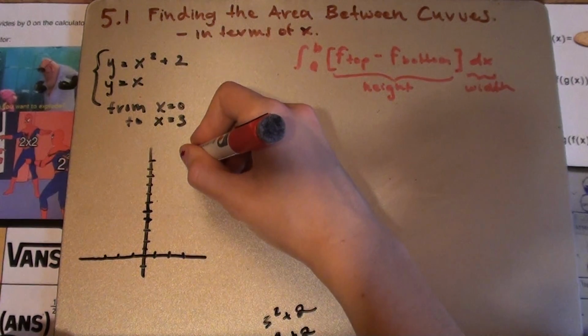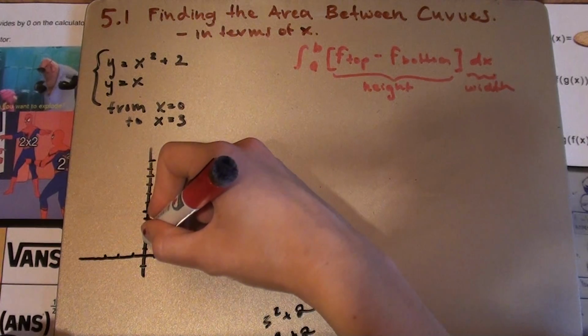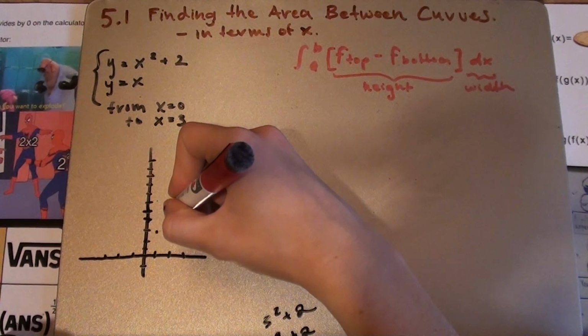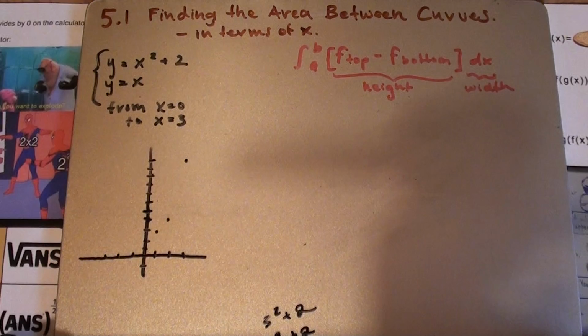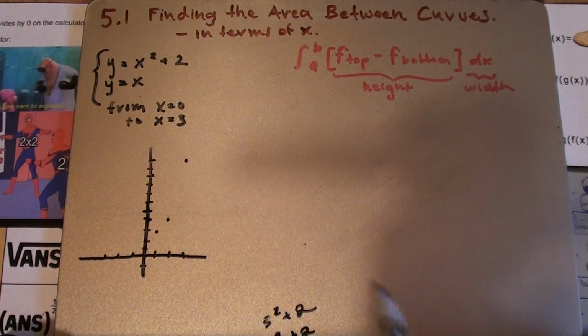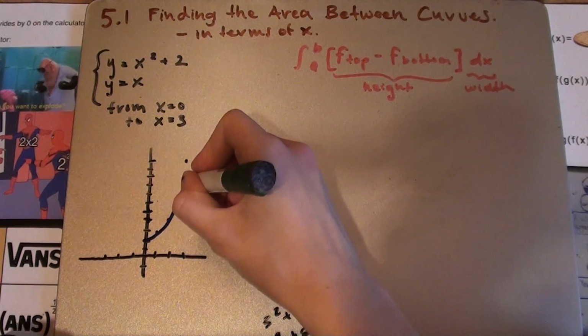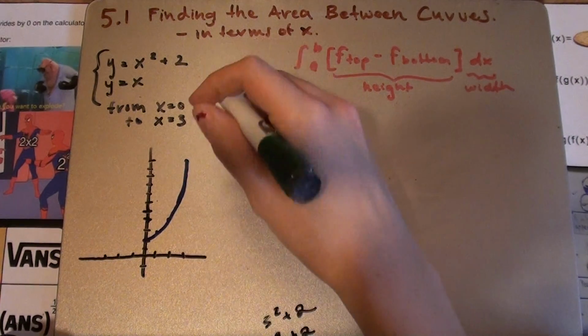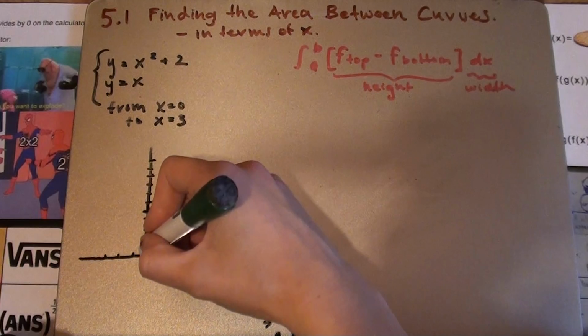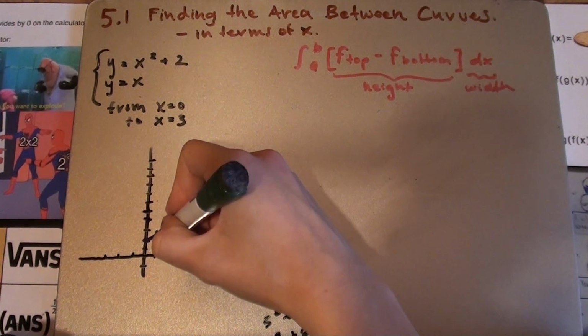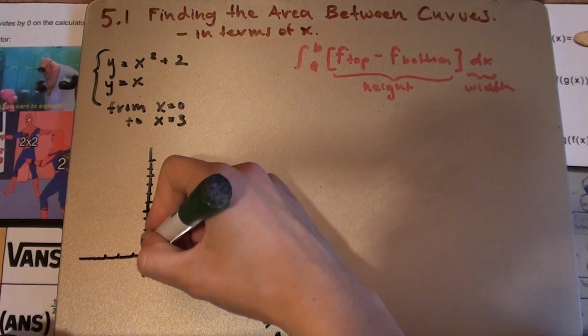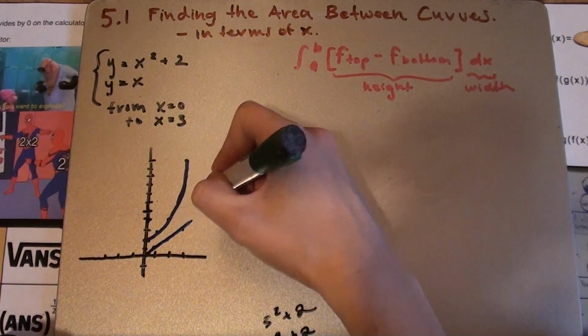So we know we have a point here, here, and here. And I'm only going to draw the one side because that's the only side we're really working with, since we're going from 0 to 3.